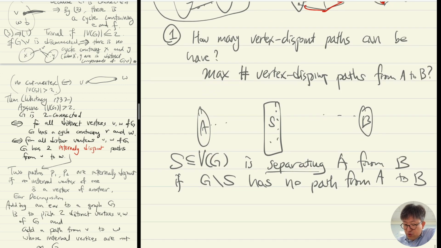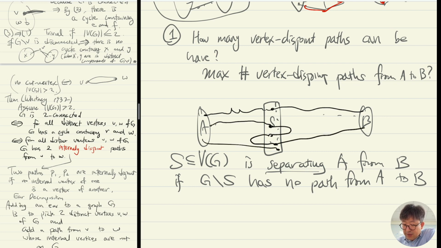Now, if we do have a separating set, then any path from A to B must use at least one vertex of S. Some paths may use S twice or 3 times, but any path will have to use S at least once.